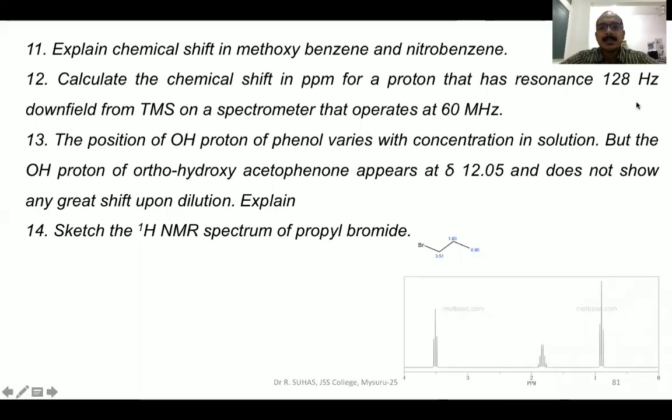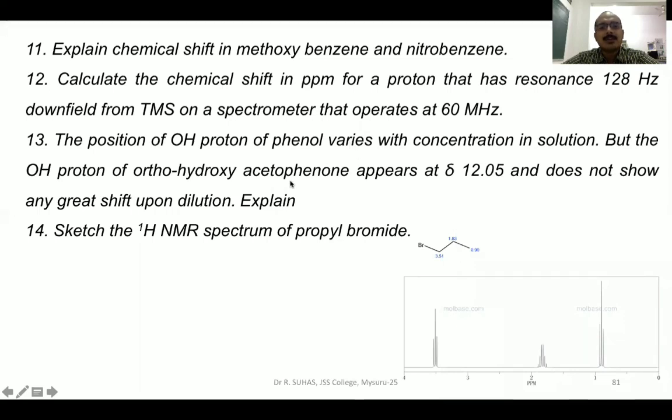The next question, the position of the OH proton of phenol varies with concentration in solution, but the OH proton of ortho-hydroxyacetophenone appears at a very high delta, 12.05, and does not show any great shift upon dilution. Explain. The simple reason for this is hydrogen bonding. That is one of the factors which affect the chemical shift. Here in phenol, upon dilution, the value varies like anything.